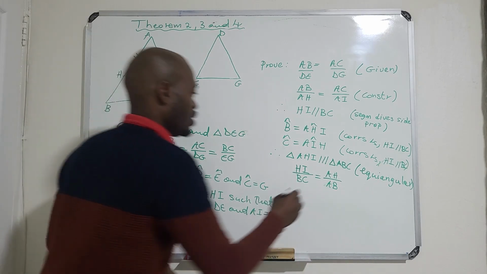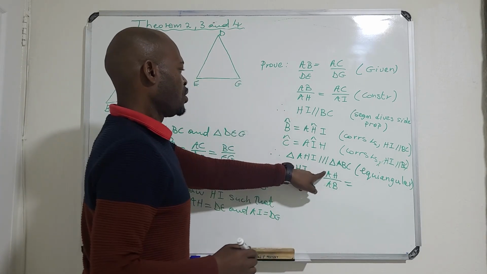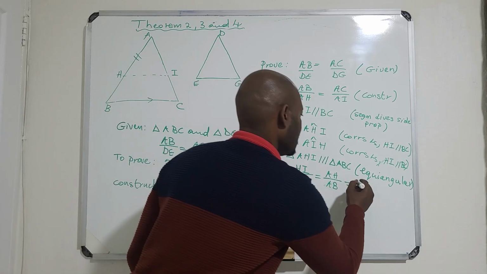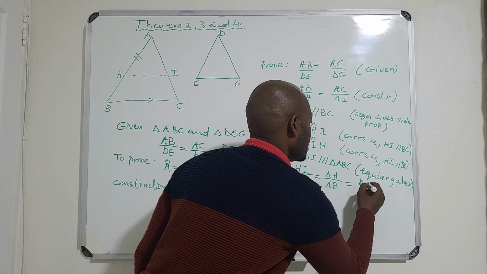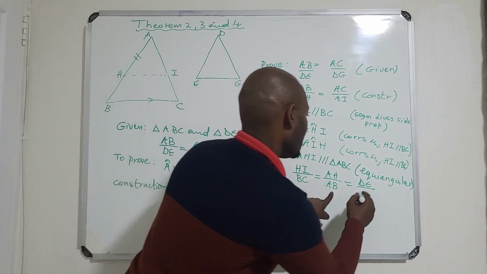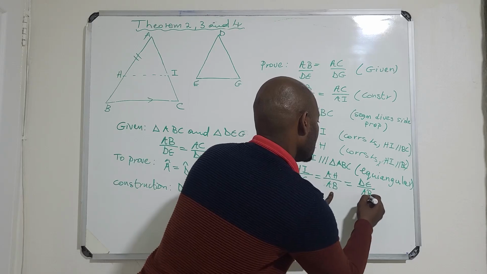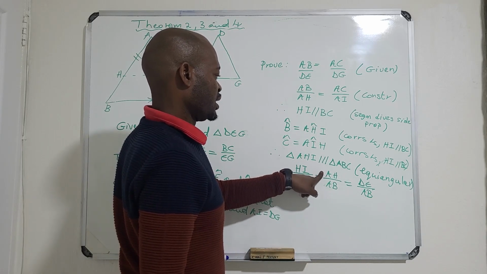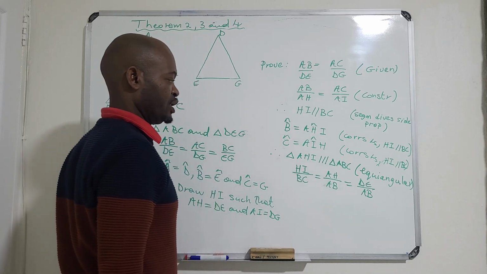Now, we know our AH is DE. So DE over AB, obviously, because we've just put DE where we see AH.